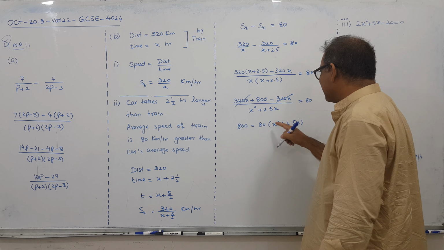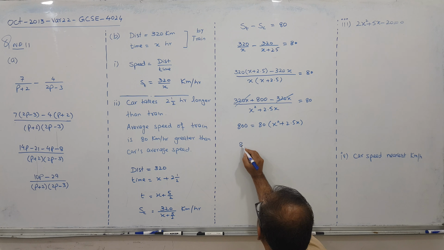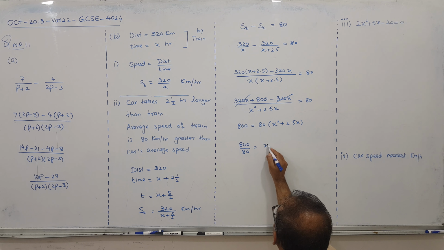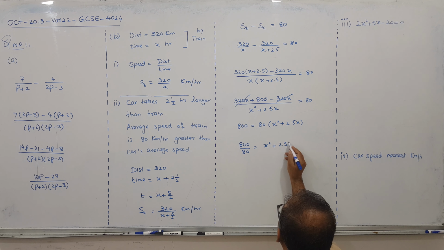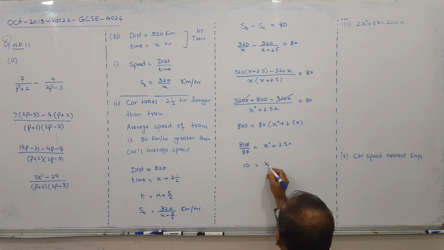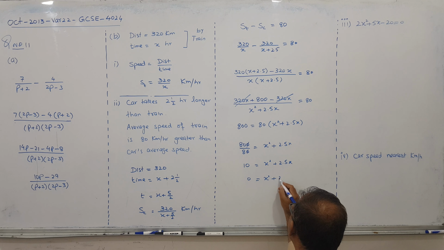Either multiply 80 inside or bring it there. I think it is better to bring it there. If I bring it there, let's see what happens then. This 0 cancels, this comes 10. Bring it to this side: 0 equals x squared plus 2.5x minus 10.